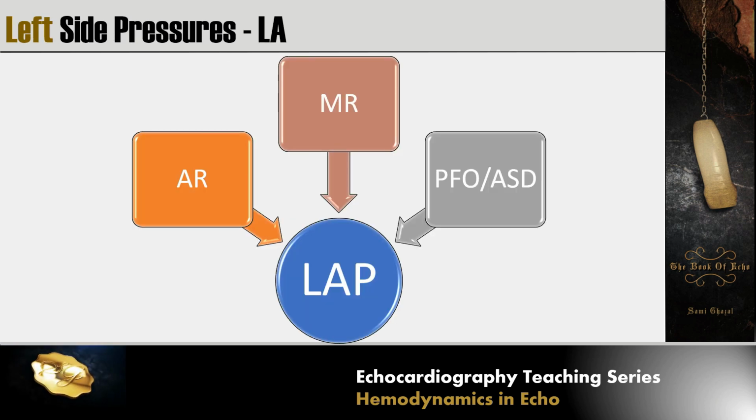Now we will further shift gear to the left side pressure estimation, starting with the left atrium. Left atrial pressure can be estimated from aortic regurgitation or mitral regurgitation or the presence of PFO or ASD.